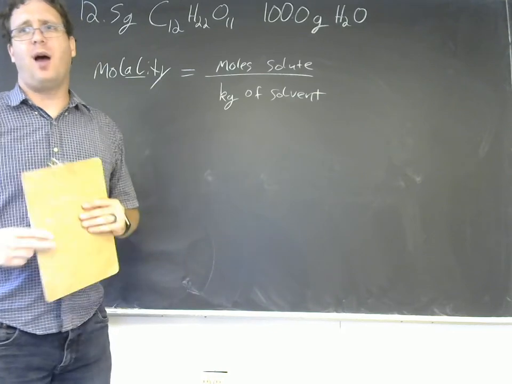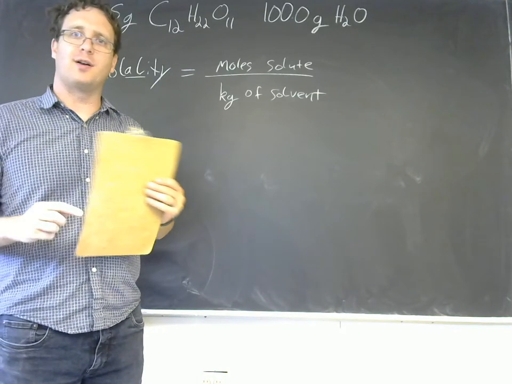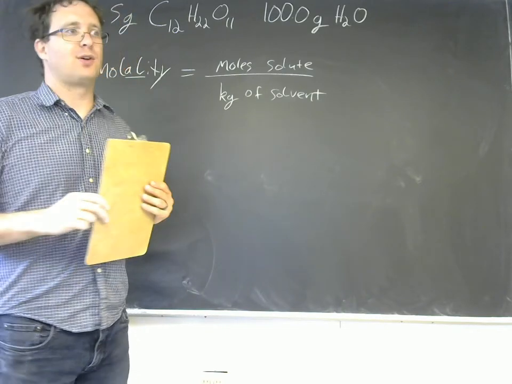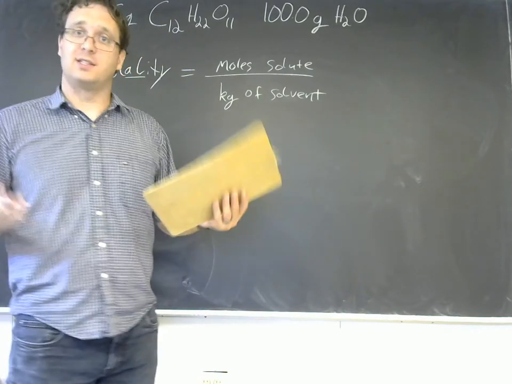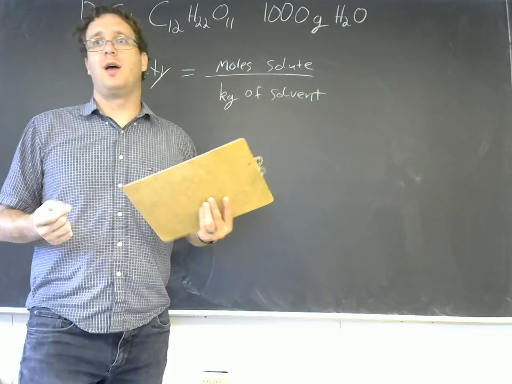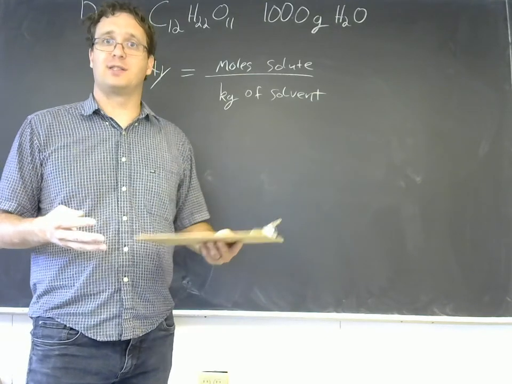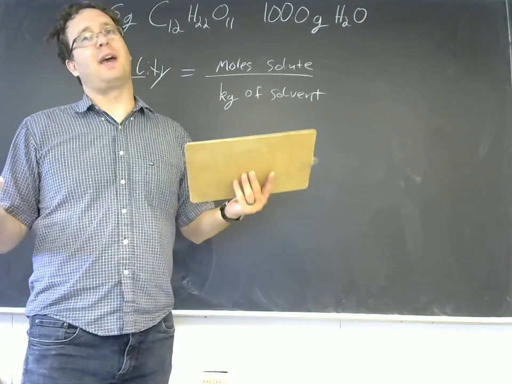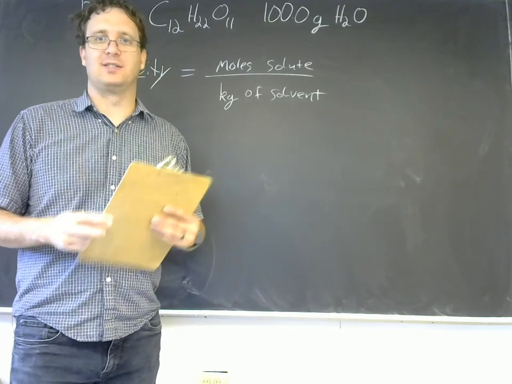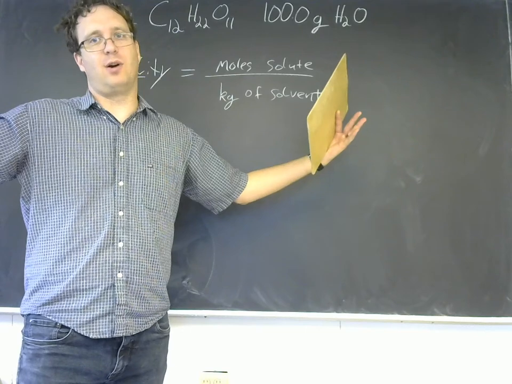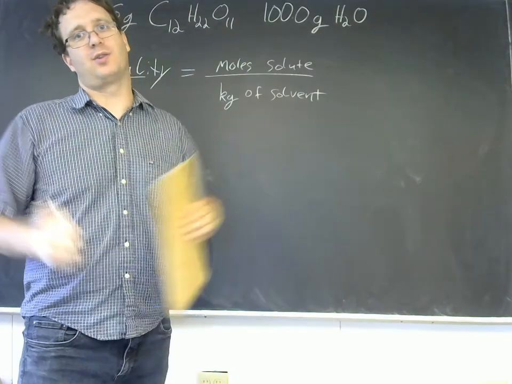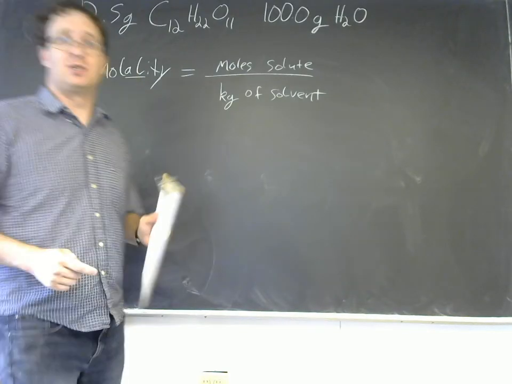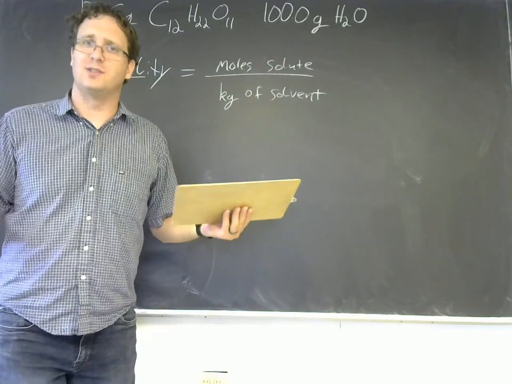And even for water, as the temperature changes, the density of water changes. And so the molarity is temperature dependent. The molarity will go down as the temperature of water increases, and the molarity will go up as the temperature of water decreases, because hot water expands to a larger volume, cold water contracts to a smaller volume. Molality is independent of the temperature, and so that's one reason why it's useful.